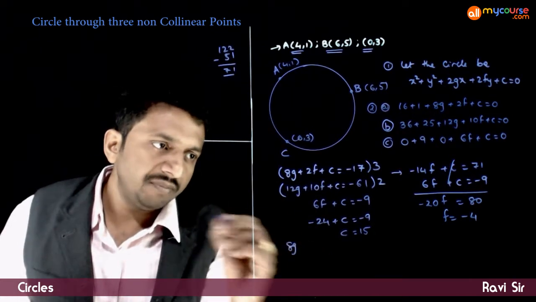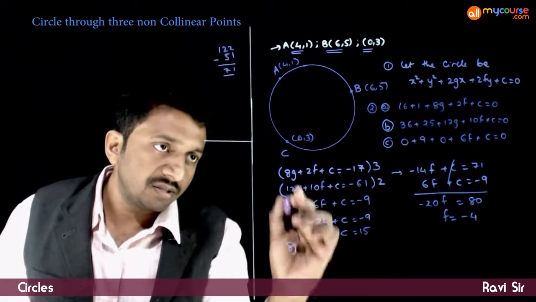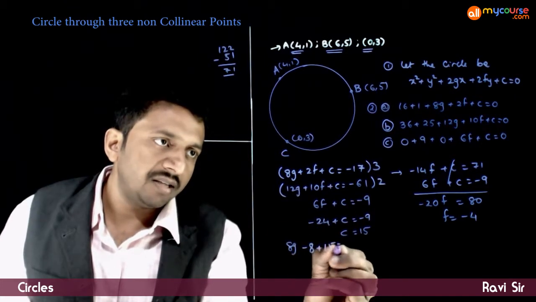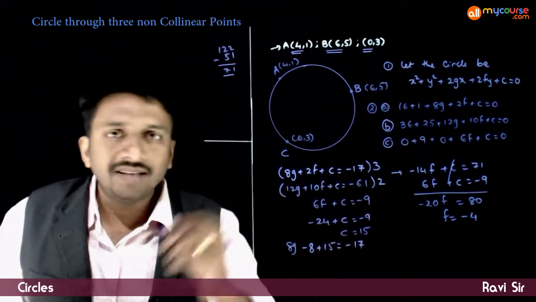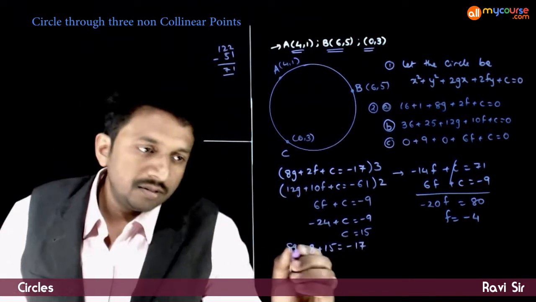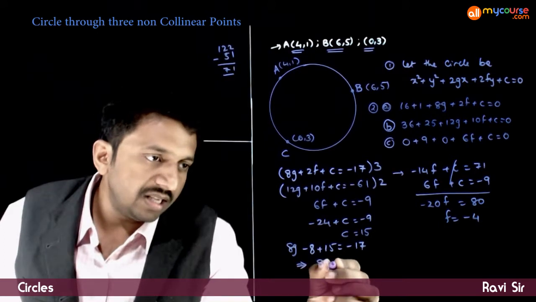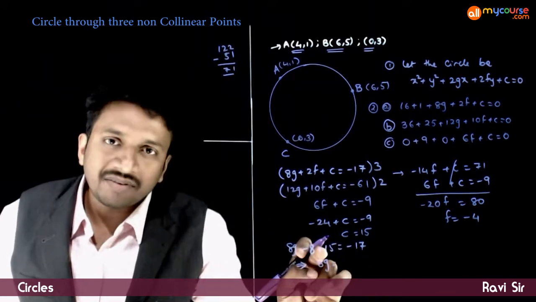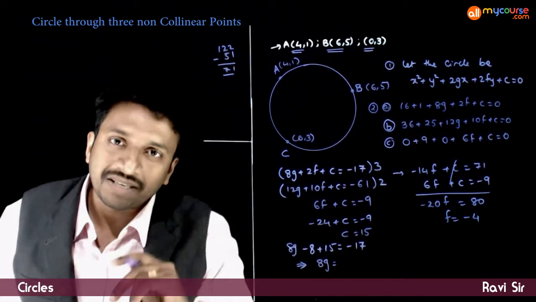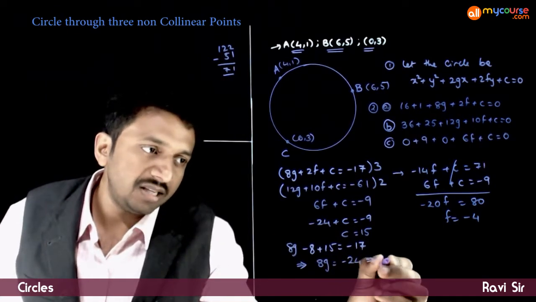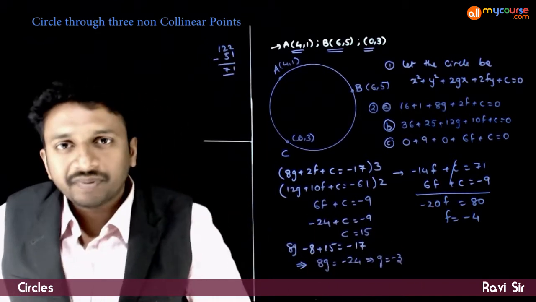So 8g plus 2f is minus 8, plus 15 is equal to minus 17. So this implies 8g is equal to minus 17 minus 15 plus 8. We get minus 24. This implies g is equal to minus 3.